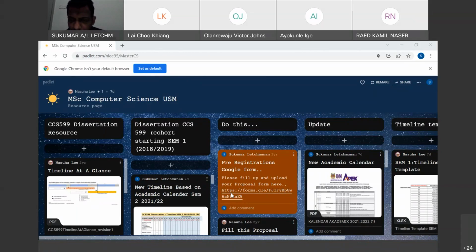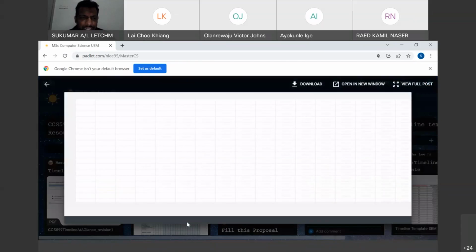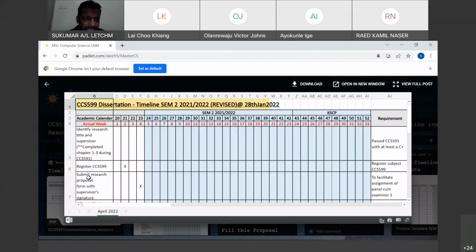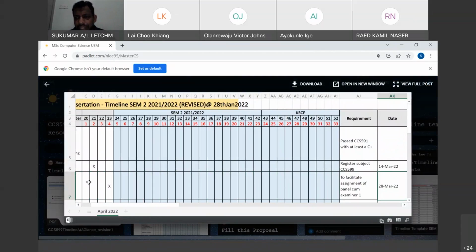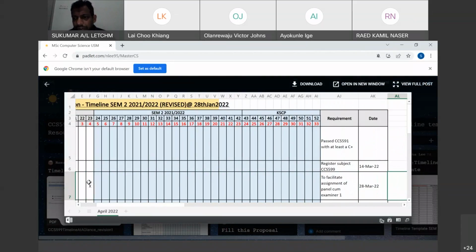Sir, the pre-proposal without the signature, can we still submit now, or do we have to wait until we have the signature? For the pre-registration form that I mentioned here, you can submit first. For the date I mentioned here, submit the research proposal form with the signature. This one you need to submit with the signature, because that's the time that we try to facilitate the assignment of panel, by 28 March.